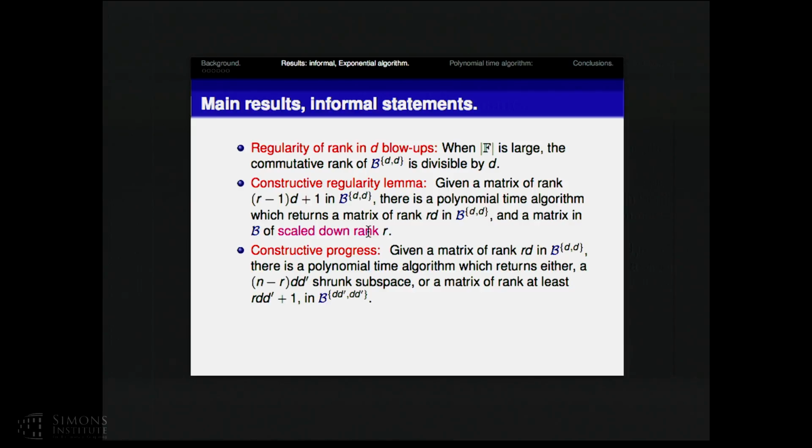The third statement on which our results are based is what we call constructive progress, which says that if you give a matrix of rank R times D in the Dth blow up, then by further blow up, by looking at the D prime blow up of your underlying matrix space, you can either show that you shrink a subspace in the D prime blow up, or you can actually augment the rank by at least 1.